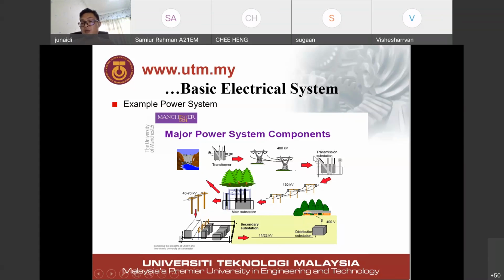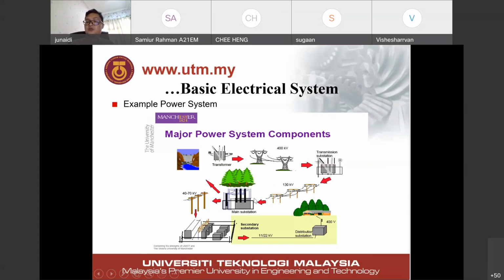Okay, and then we have another substation. On this substation, there is some transformer, usually step down, and this is reduced to 130. For certain industries, they use 132 kV.